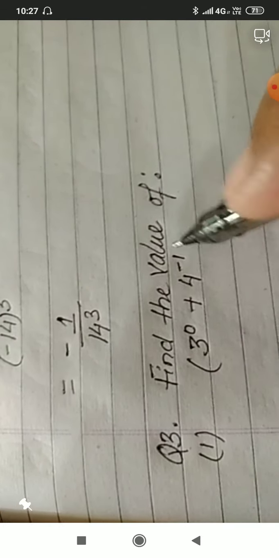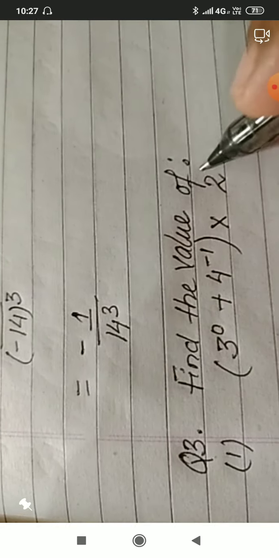So any doubt in this one question? The question is 3 to the power 0 plus 4 to the power minus 1, bracket close, into 2 to the power 2. This is our question.